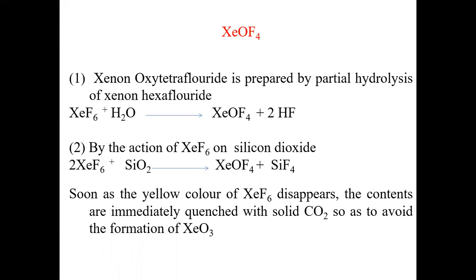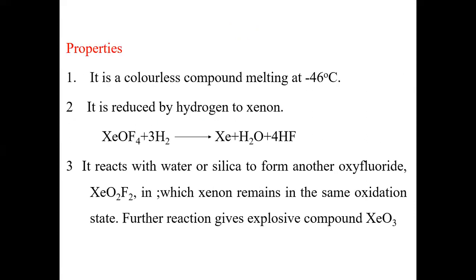Now, let us have a look at the chemical properties. As I've told you, it is a colorless compound, and its melting point is about minus 46 degrees centigrade. It is reduced by hydrogen to xenon.